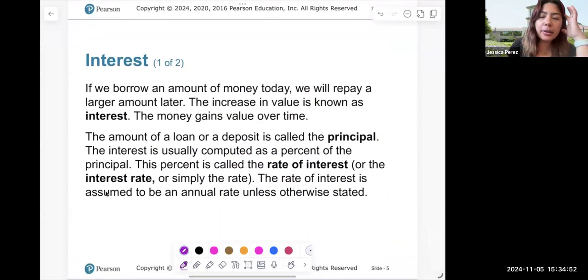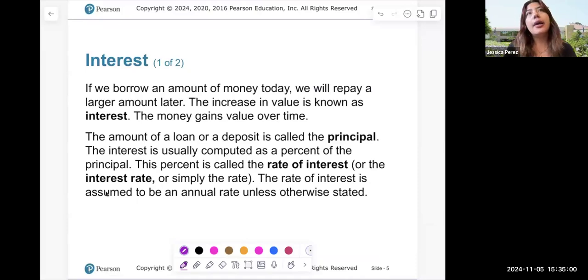So let's begin by defining what is interest. If we borrow an amount of money today, we will repay a larger amount later. We've all used our credit card, or if you purchased a car and you owe on the car, you're going to have to pay interest eventually. So the amount of interest will increase over time.